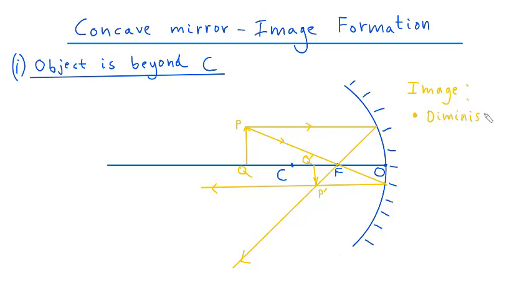Diminished means it's just smaller than the size of the original object. Notice also that whereas our original object, the arrow, was pointing up, here our image is pointing down. So we say that our image has been inverted. Or if you like, it is now upside down.